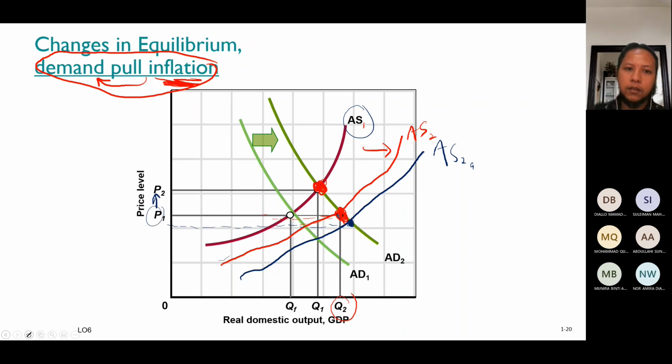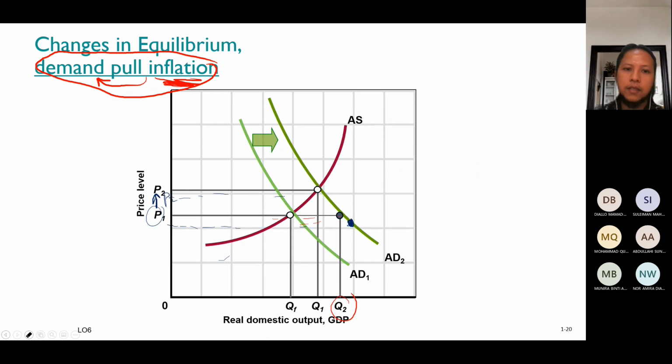Or at this point, AS2B, it is also an increase, but at a lower level. But essentially the highlight for this slide is that if the aggregate demand increases and the aggregate supply doesn't change, what happens is usually demand pull inflation.